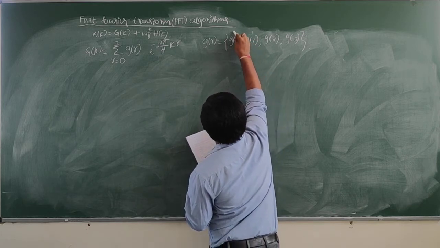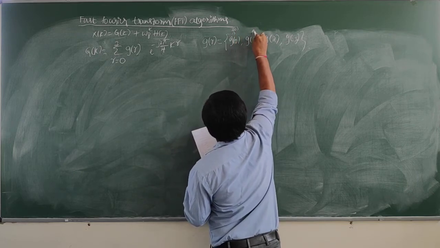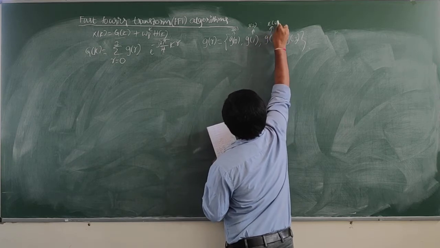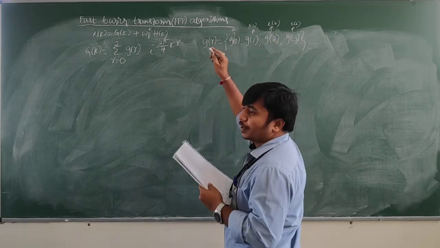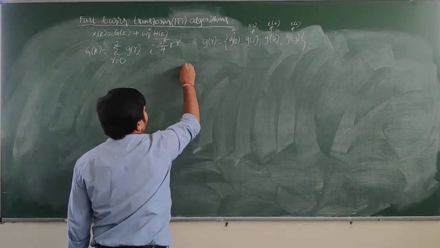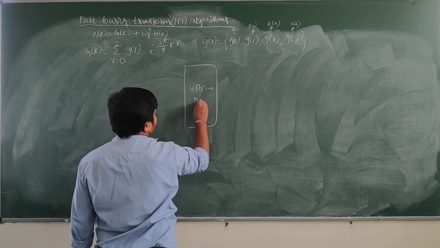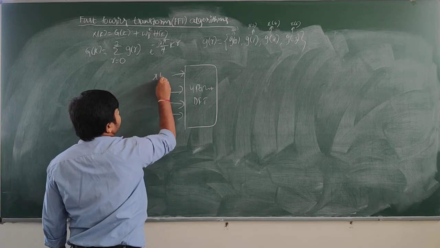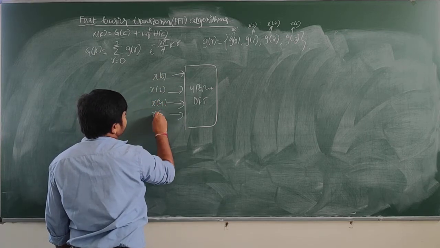So this becomes the input x of 0, x of 2, x of 4 and x of 6. Recall from the previous case, we had a 4-point DFT, where the inputs were x of 0, x of 2, x of 4, x of 6.